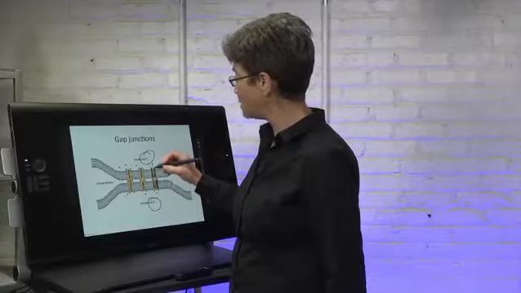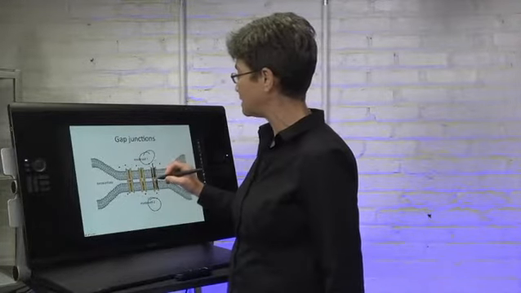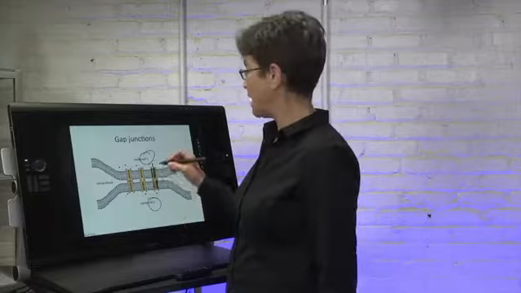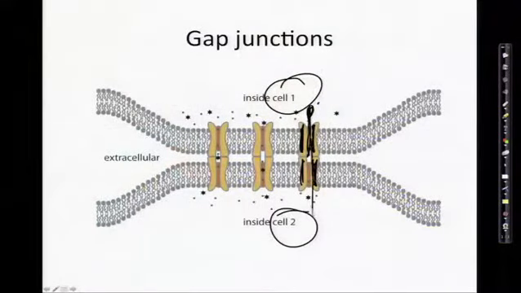And now, instead of having a pore from the inside of the cell to the outside of the cell, now we have a pore that goes from one cell all the way to the other cell. There's an actual connection between one cell and another cell. So what can go through here?